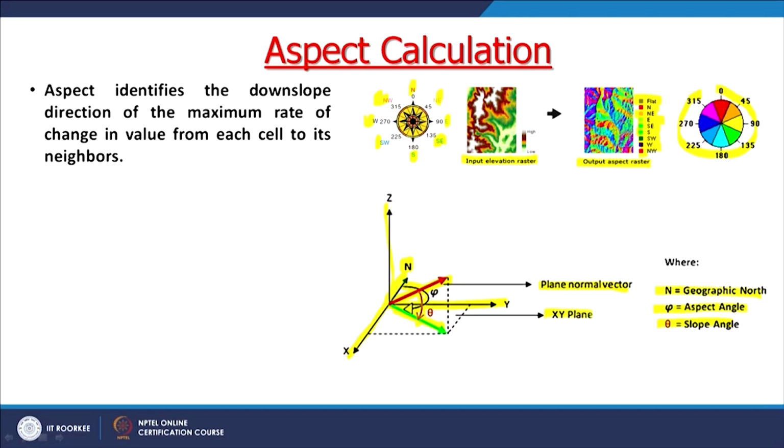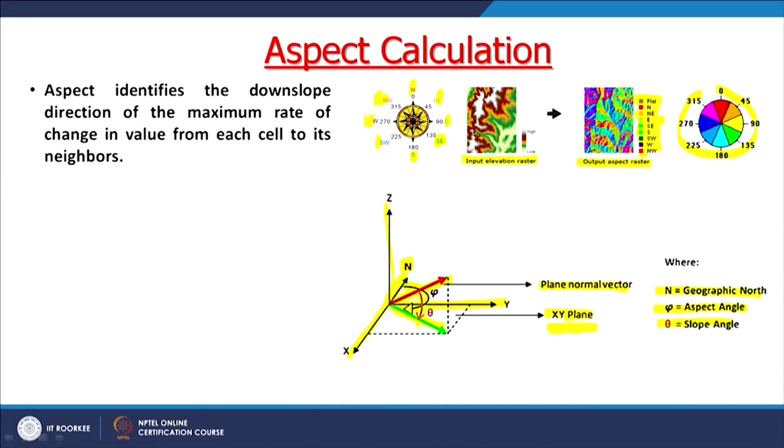So, this is our xy plane on which we project, and this is very important because slope is measured in vertical plane, whereas aspect is measured on horizontal plane, and that is why this xy plane is very much required here.